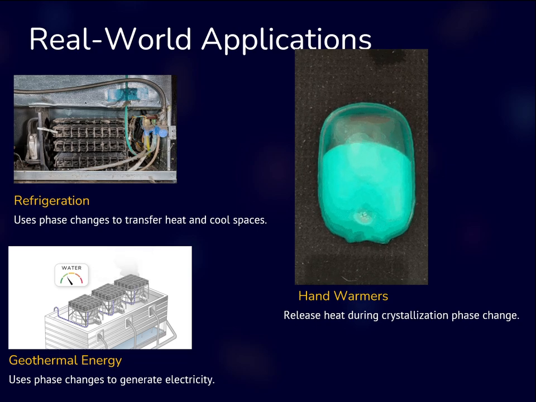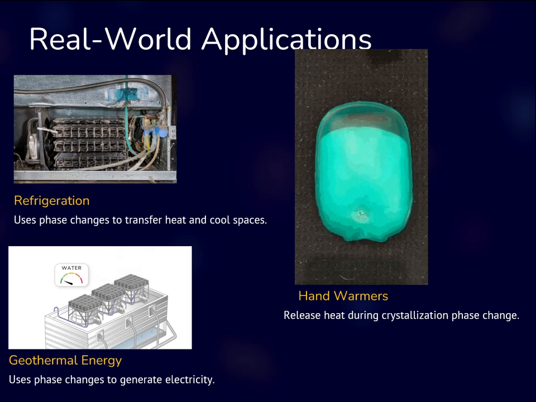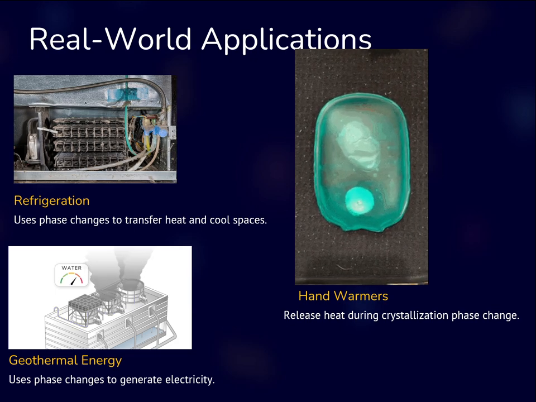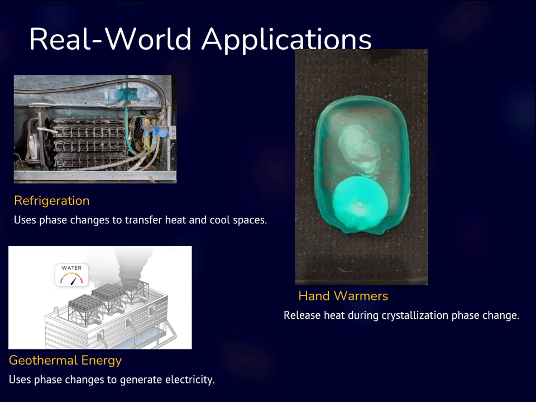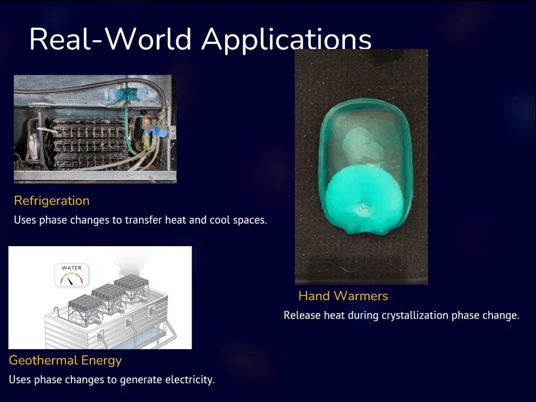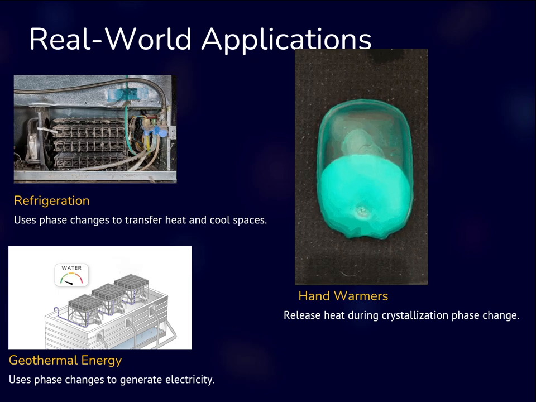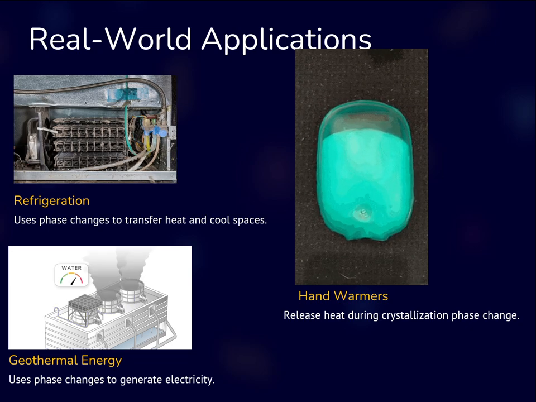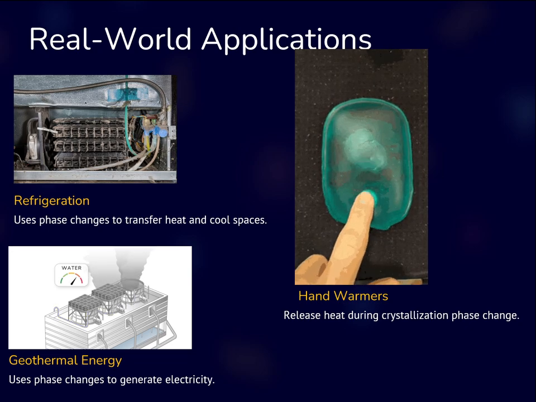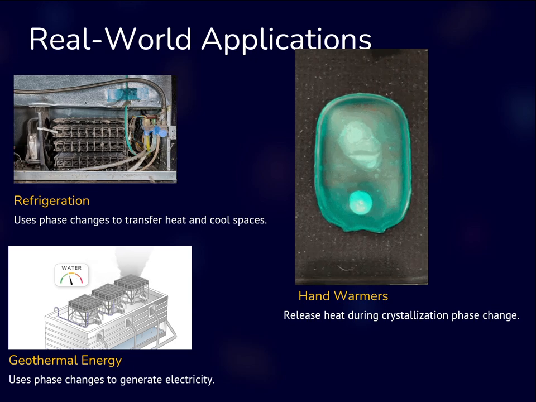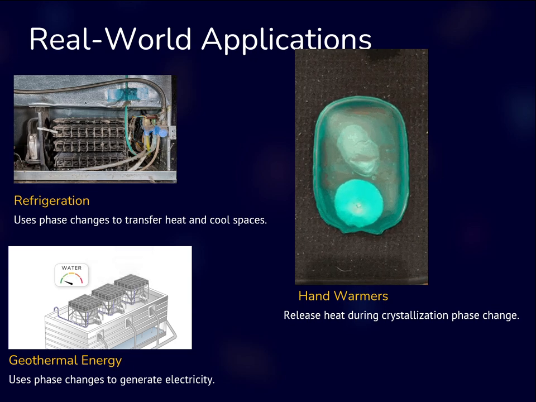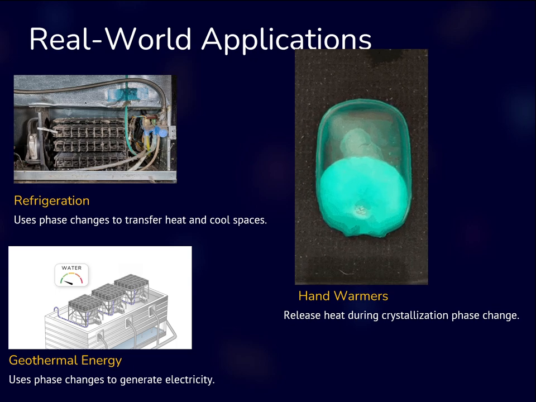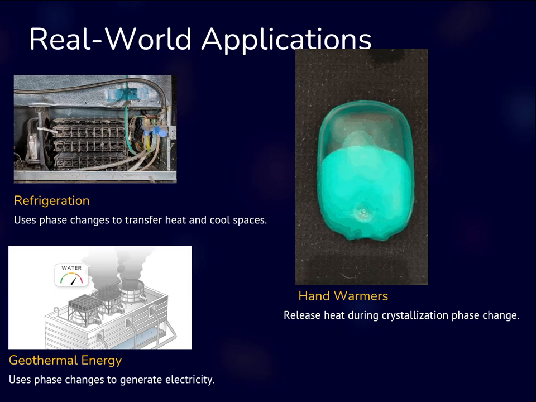A supersaturated sodium acetate crystallizes when you click a metal disc, releasing latent heat of fusion to warm your cold fingers. Also, geothermal power. Underground water flashes to steam, spins a turbine, condenses, and then recycles. Earth does the heating. Gravity provides the return flow. In each of these cases, engineers exploit the giant reservoir of energy hidden in latent heats.